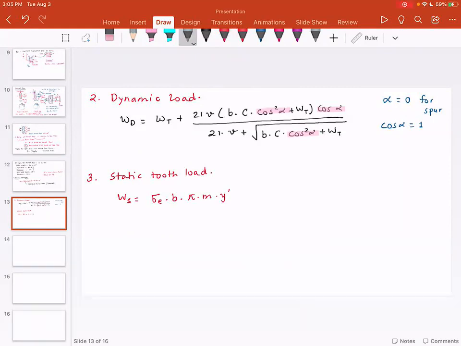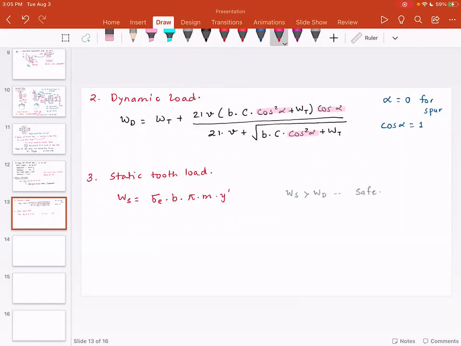And then the static tooth load, WS, has to be greater than WD. That is the condition that needs to be satisfied for safe gear design.